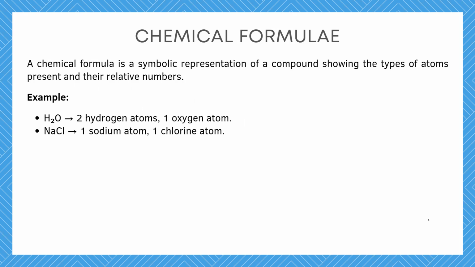So I want you to write important stuff down. Write down this definition on the screen. A chemical formula is a symbolic representation. These two places that I underlined, this and this, I want you to write them down.